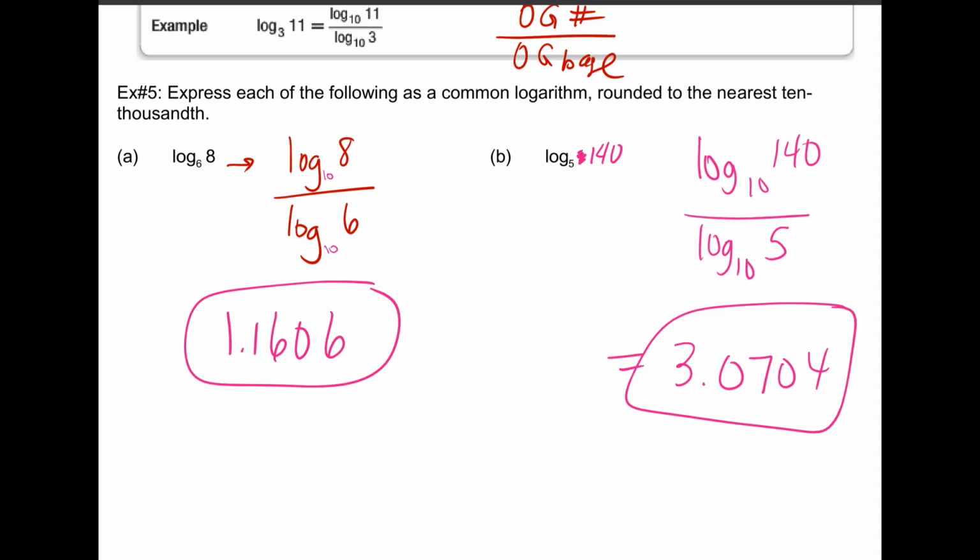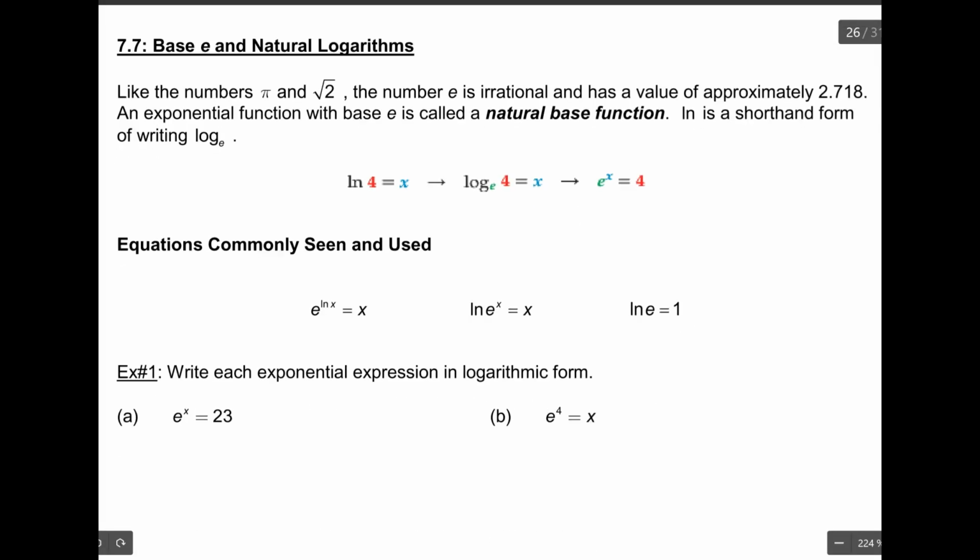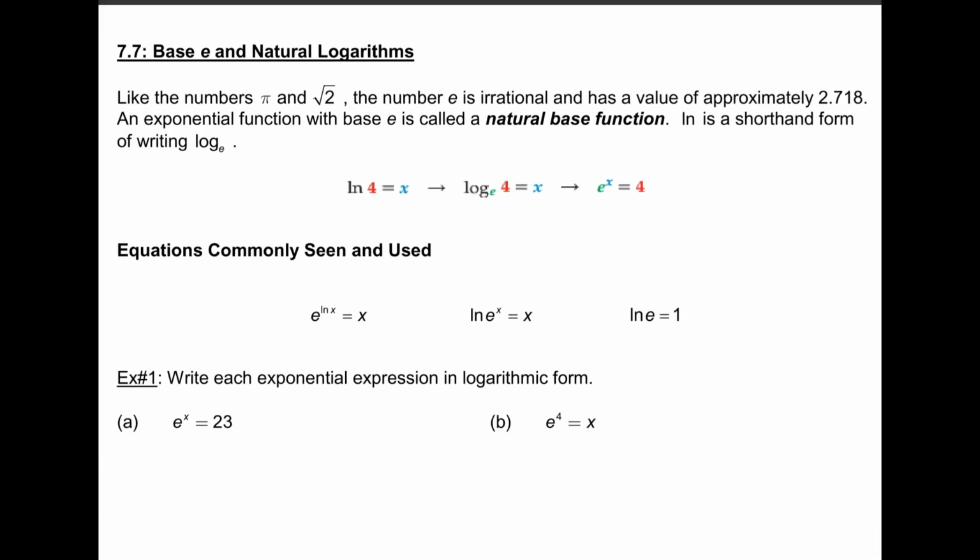All right, so common log is base 10, and natural log is base e. Like the numbers pi and square root 2, the number e is irrational, with a value of 2.718. We covered this already, right? That was like 7.13 weeks ago, the first thing we talked about.